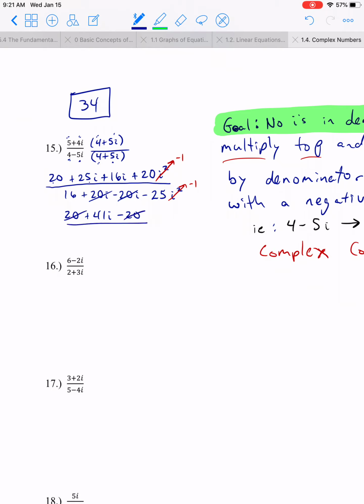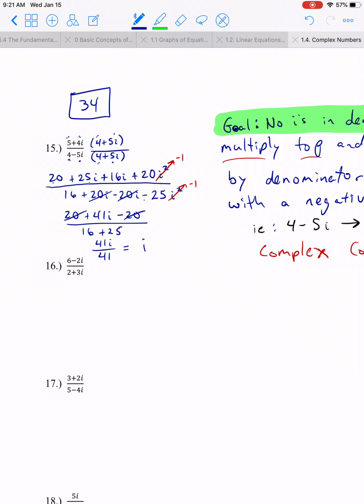In the denominator, we already canceled out the 20i and the minus 20i, and what we're left with is 16, and we have a minus negative, so that's 16 plus 25. All right, so that gives us a 41i, and then 16 plus 25 is, again, 41.